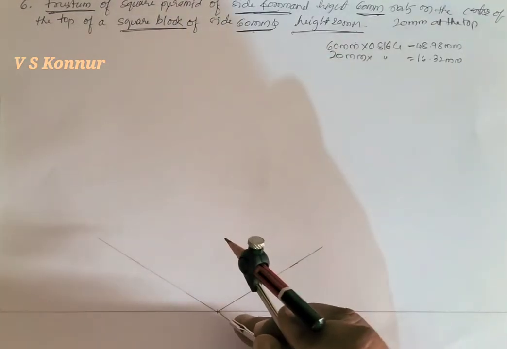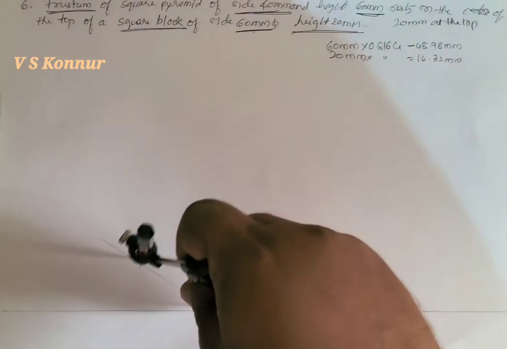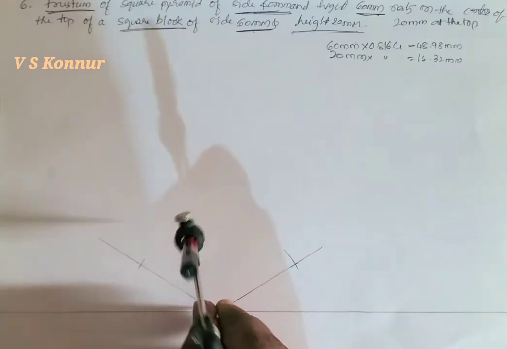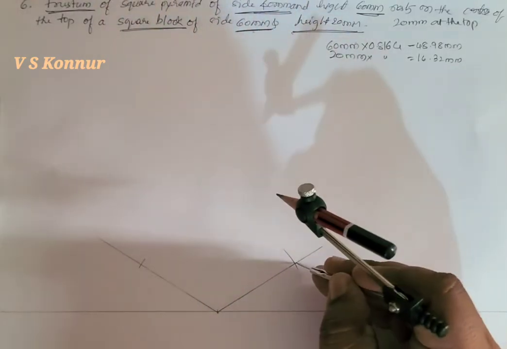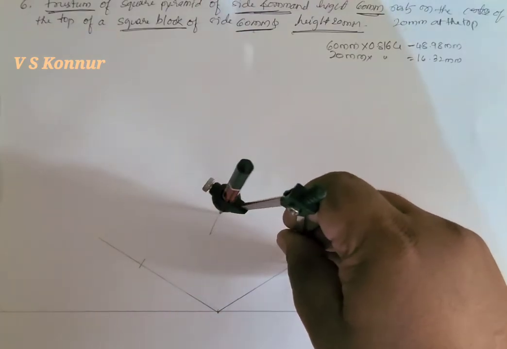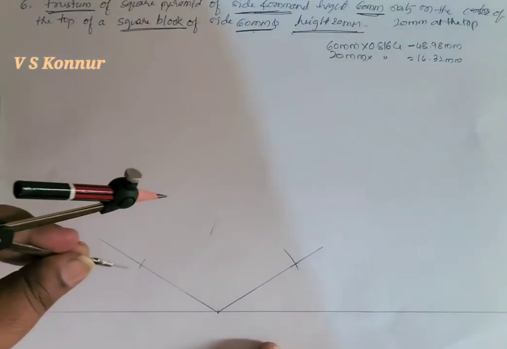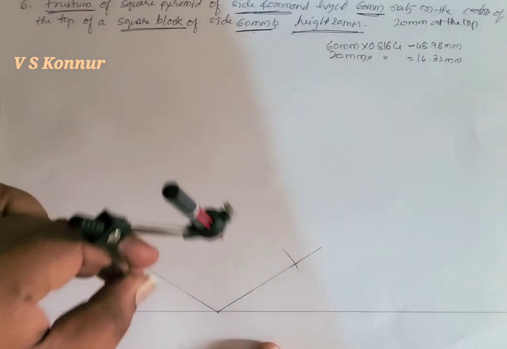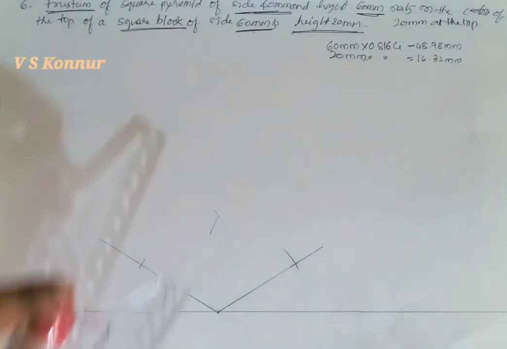Now, keeping the divider at this point, we'll cut 49 on either side and join.